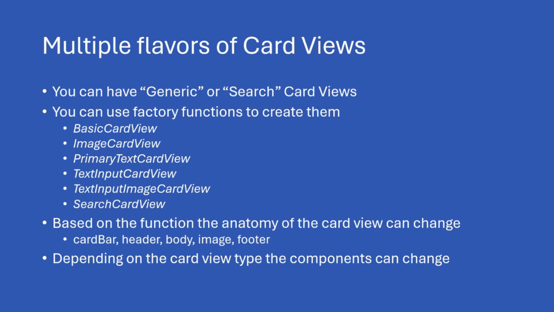All these factory functions can be used to easily create a card view with a nice looking UI. And when you do that, you have to provide to those functions a set of input arguments, which can be the different components that we have in the anatomy of a card view: the card bar, the header, the body, the image, and the footer, depending on the flavor of card view that you want to create.